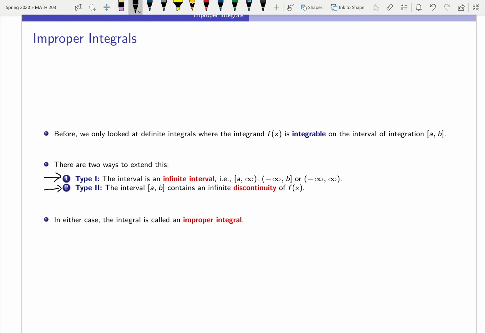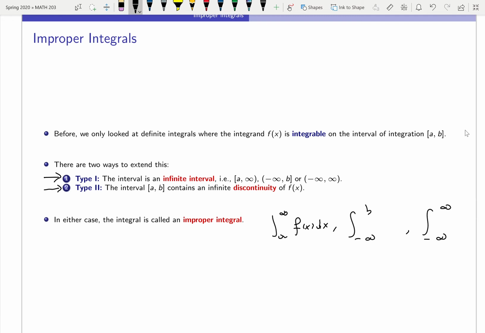Now, in either case, if you are doing the integral, for example, from a to infinity of some function f of x dx, or from -infinity to b, or from -infinity to infinity, these types of integrals are called improper integrals of type 1.